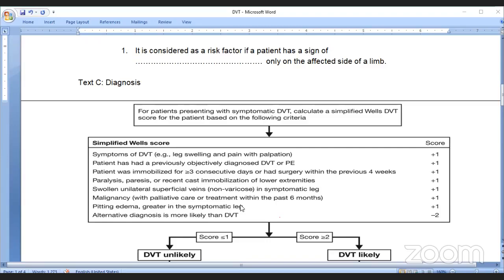So the single best option is swollen unilateral superficial veins. You can write it like this, in 4 words, and in brackets non-varicose. You can write non-varicose veins, but better is swollen unilateral superficial veins.